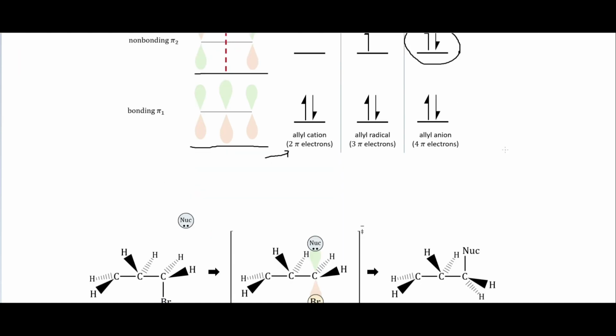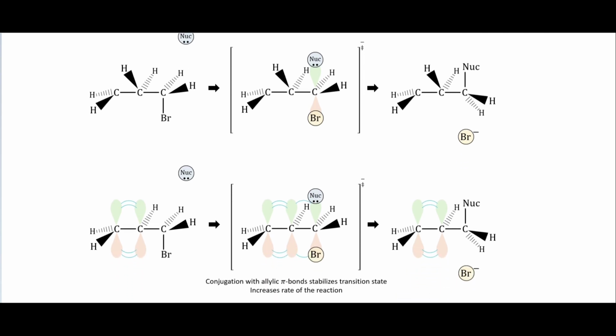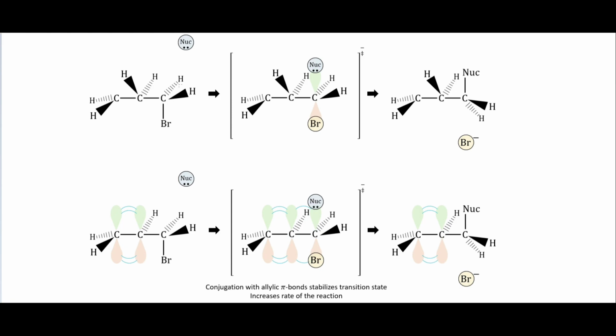One thing we also notice with these allylic carbons is that it actually helps to promote the SN2 reaction. So we can have this without the double bond right here. We can have the nucleophile come in, it'll attack that carbon, then the leaving group will leave, and we have that going on. But if we have this conjugation here, we can have this hyperconjugation from the double bond between these two carbons.